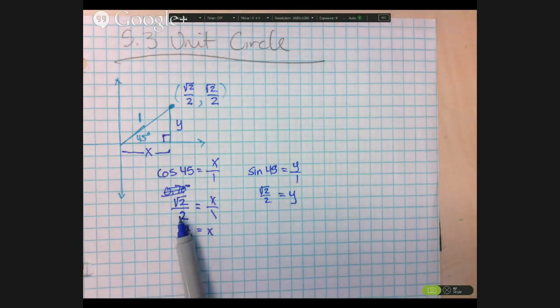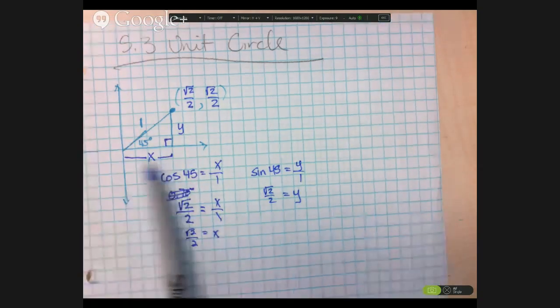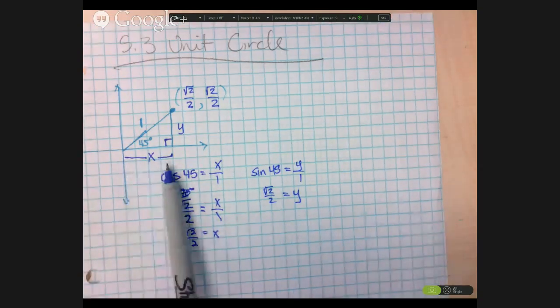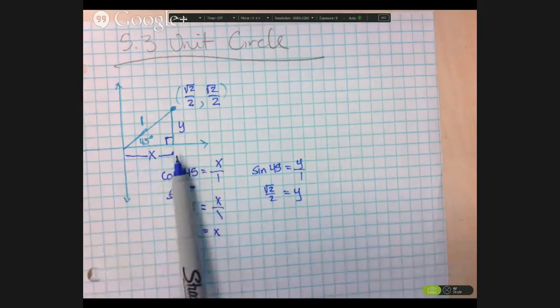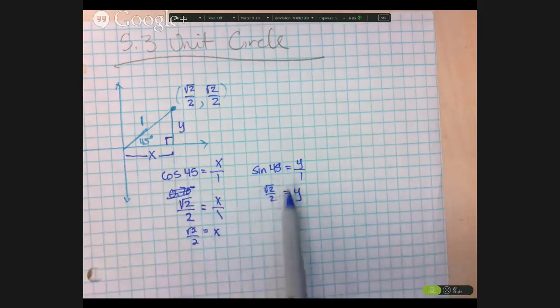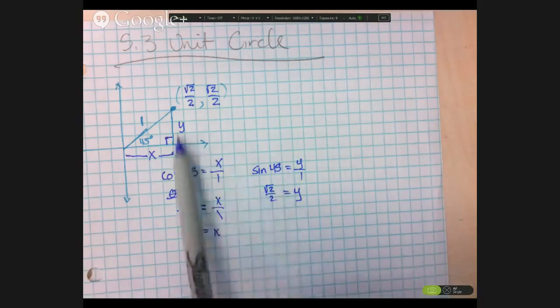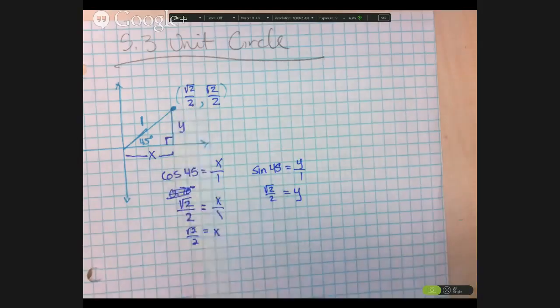We have to look at the table on page 287. Anna, what is the cosine of 45? Root 2 over 2 equals x. Okay, that's this x. So we go over root 2 over 2. And then sine is the same thing, and then we go up root 2 over 2. So we actually have a coordinate now.